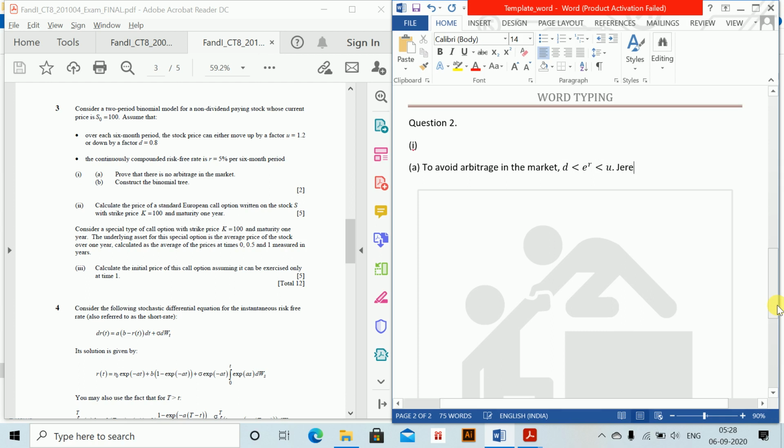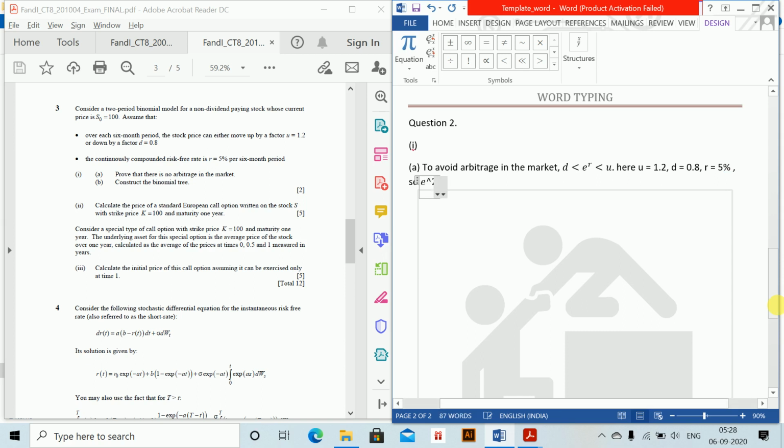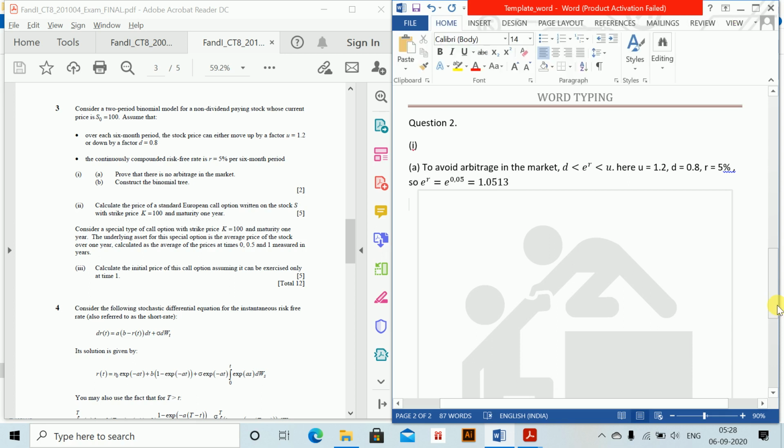Here u is equal to 1.2, d is equal to 0.8, r is equal to 5%. So e to the power r is equal to e to the power 0.05, which is equal to 1.0513. Okay, so the inequality holds.